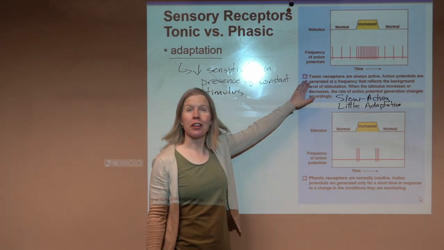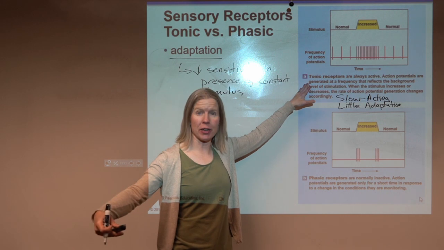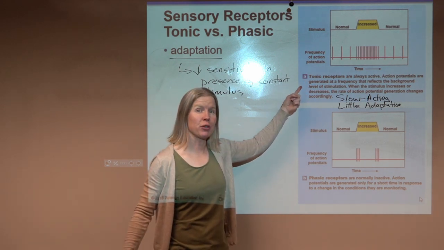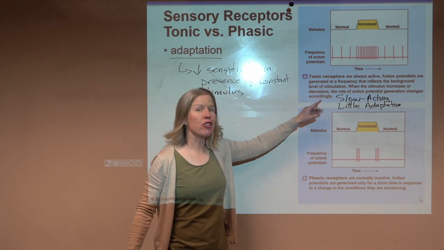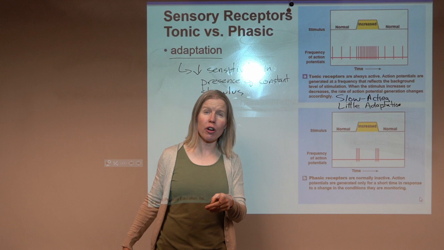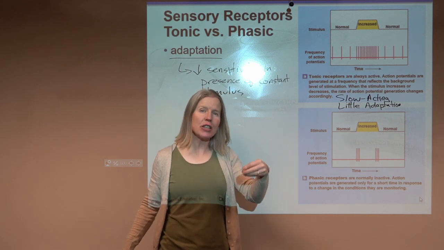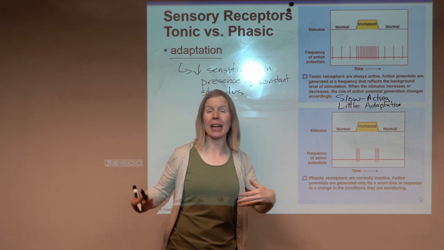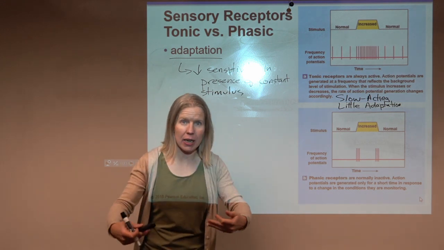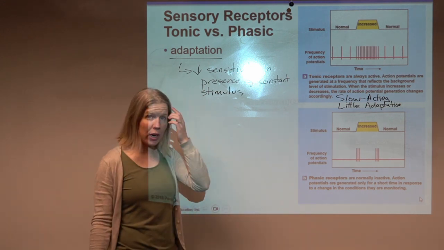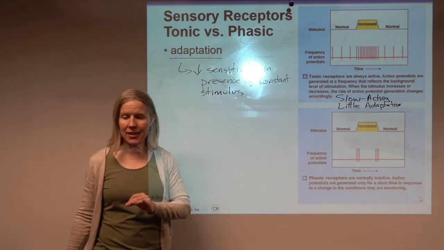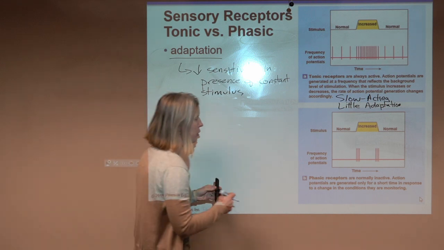One of the unfortunate things we'll learn here is that our pain receptors, our nociceptors, are tonic receptors, right? And so they show very little adaptation. So even after the injury has occurred, we will continue to get information, right? Until really that healing process is complete, we'll continue to get information about the pain that's going on in that location.